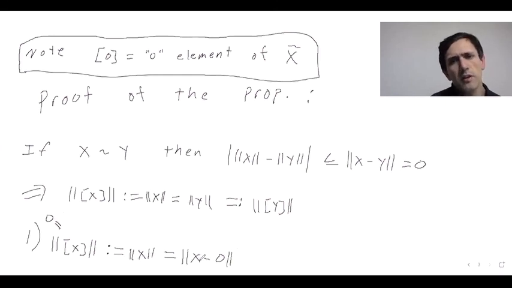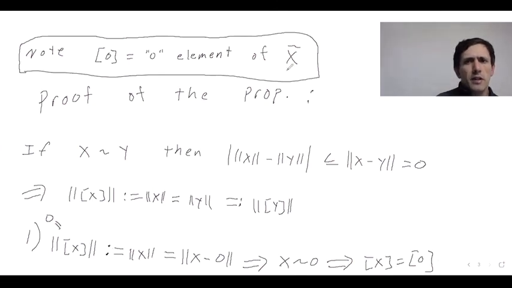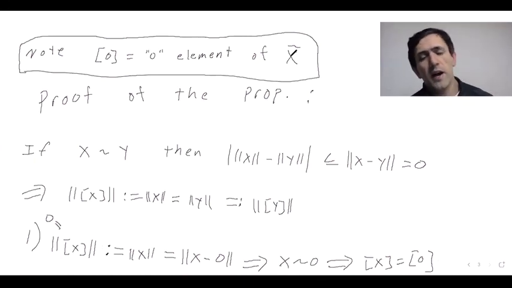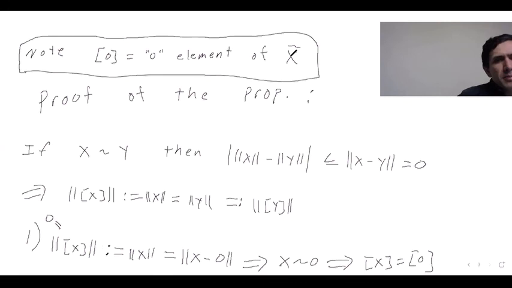I mean, it's not so silly. By definition, we have the norm of x minus 0 is 0. So by definition, that means x is equivalent to 0. And that means we really do have the 0 class. So on the vector space of all these equivalence classes, the norm of any class being 0 means the class is the 0 class.